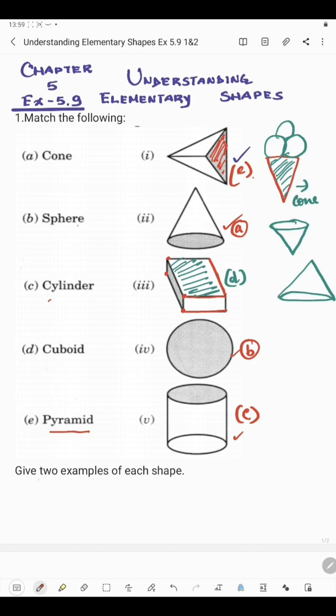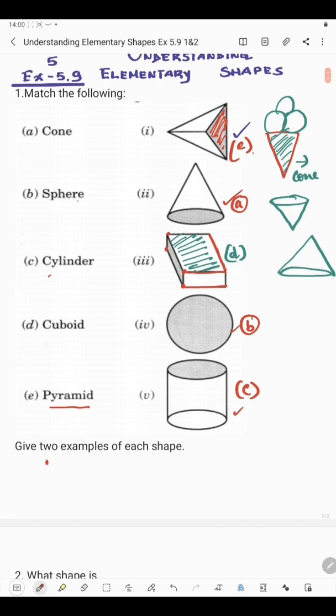Now we have to give two examples of each shape. Two examples of cone are an ice cream and a birthday cap. A birthday cap looks like this, right?